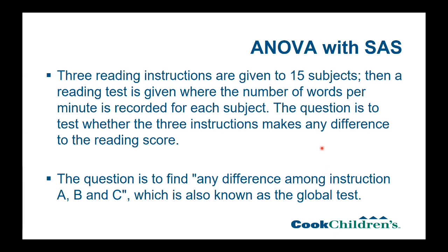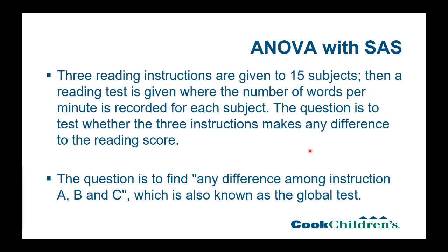So now let's look quickly at ANOVA with SAS. That's the statistical software I use for analysis most of the time, in addition to some other ones, just to show us an example. So another question: 3 reading instructions. This is the example I'm going to use with SAS. Three reading instructions were given to 15 subjects.